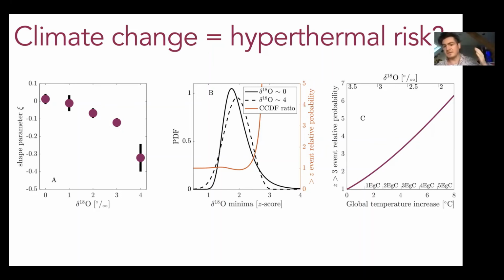If the Earth's 4 degrees warmer than it is today, then we're more than 3 times as likely to get one of these extreme events where the Earth's temperature jumps a bunch. This obviously has lots of caveats because you're using paleo data. I don't mean to make a scary plot about the future that's unsubstantiated, but it's a qualitative way of understanding this, and I think it's a nice way of using the paleo data and characterizing it.